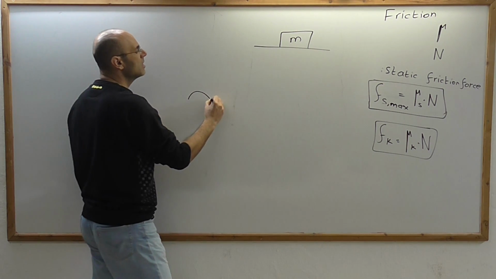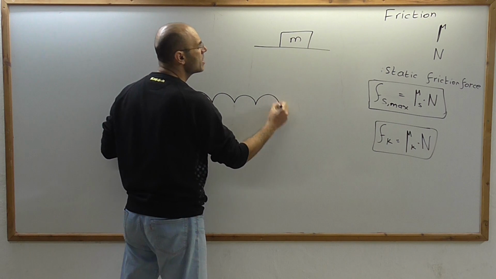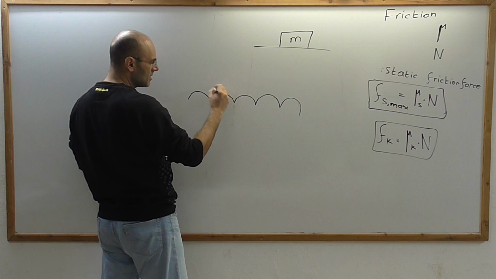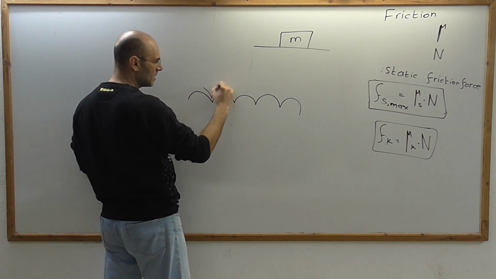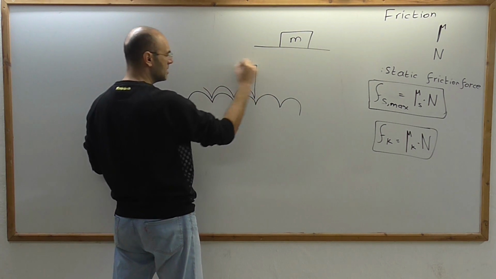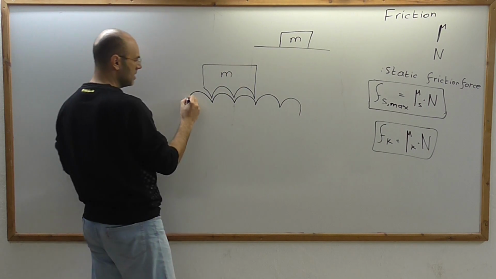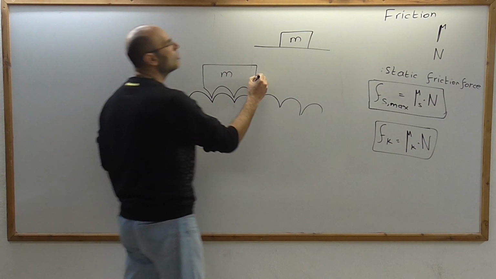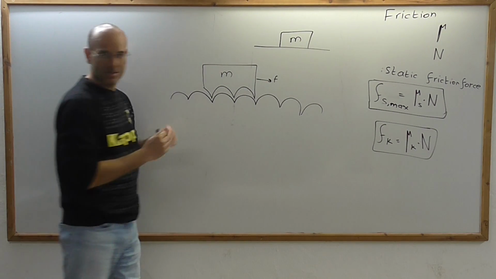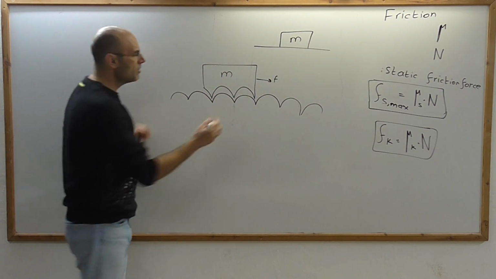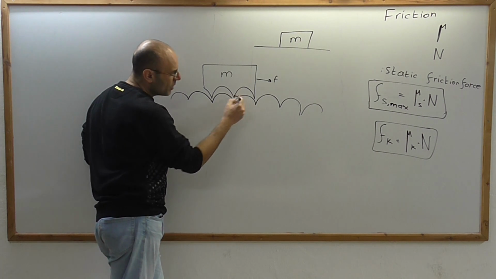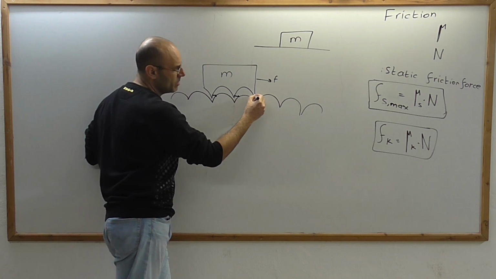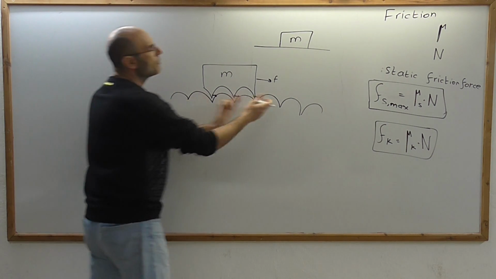It is composed of bumps, and the mass sits like that in the bumps. So when I pull the mass to the right, for example, this place will meet this one, and this will meet this one, and they will all apply force on the bumps.